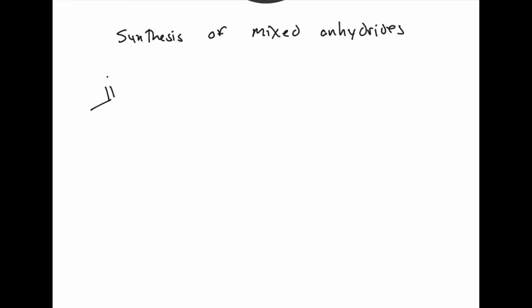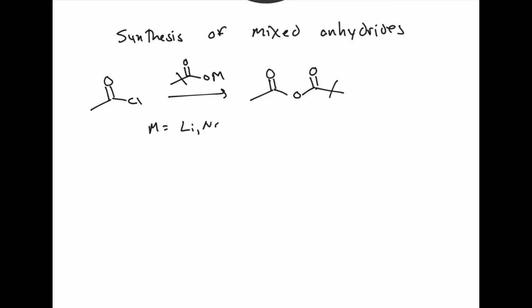You can take an acid chloride and then a carboxylate salt. We'll just put an M there, make it actually legible. An M, and that will get you a mixed anhydride. M here is usually lithium, sodium, or potassium.